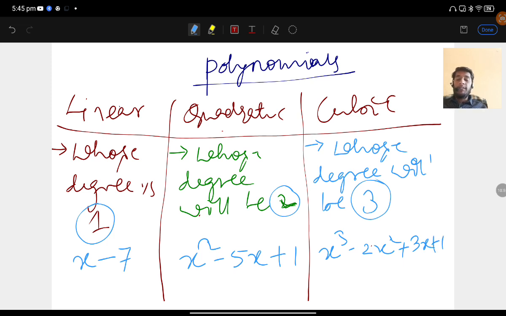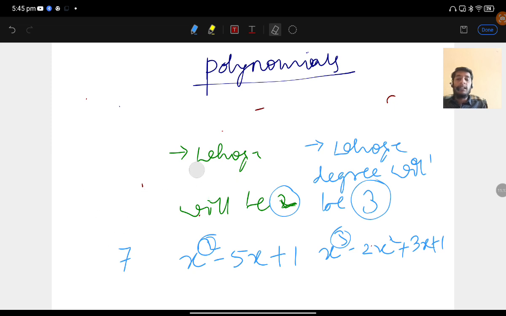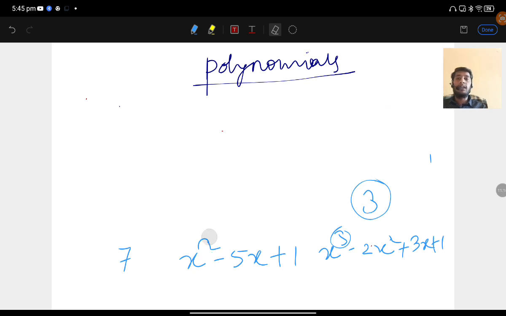Now you can verify the degree of the variable. Here it is 1, here it is 2, here it is 3. So it is clear: linear polynomial, quadratic polynomial, cubic polynomial. Now one more thing I want to tell, that is the degree of a polynomial. What actually does degree mean?